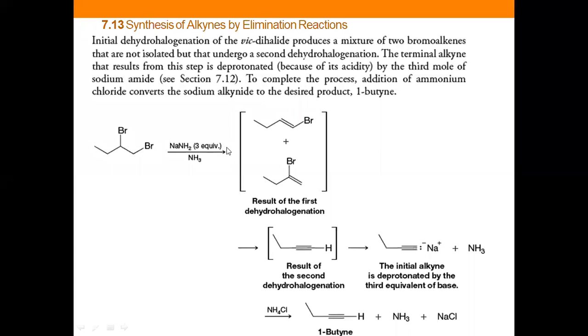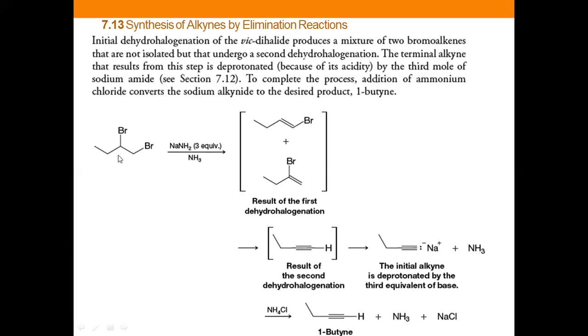Okay, the first product that you will get is 2 alkyl halides. No, first you have the double bond and a Br. So if your amide will abstract the proton here, the hydrogen here, what you will get is this one.